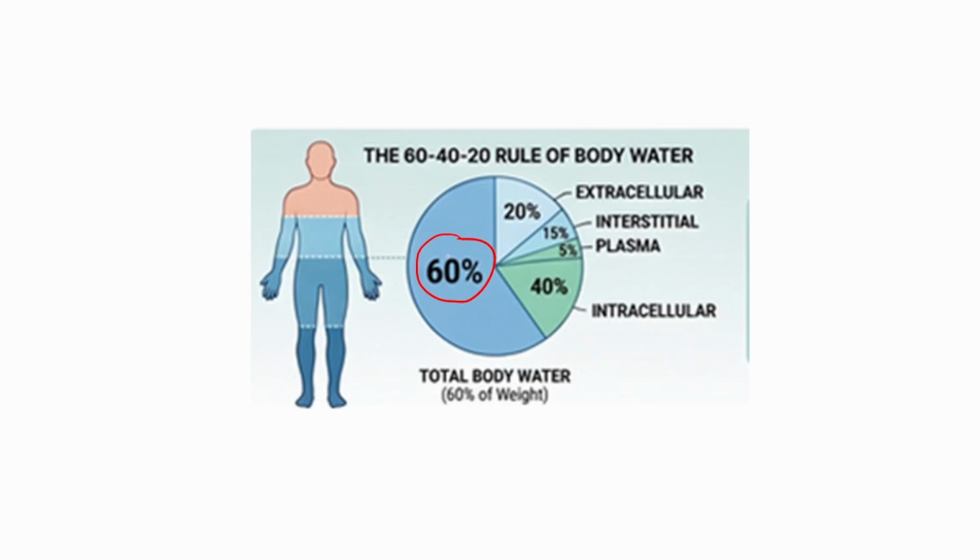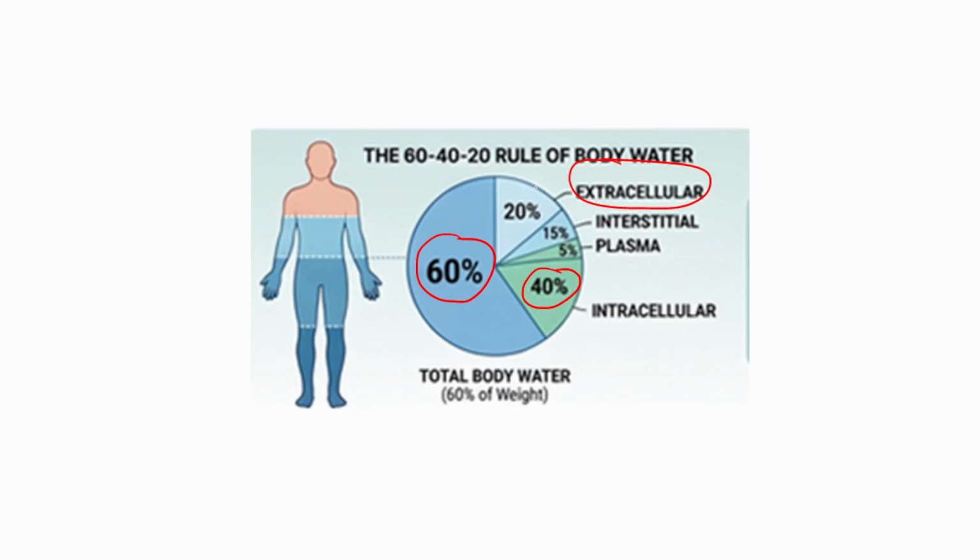First, we locate the largest fluid compartment, the intracellular fluid, containing 40% of total body weight inside the cellular border. Second, we position the remaining 20% as the extracellular fluid compartment outside the cell membranes.